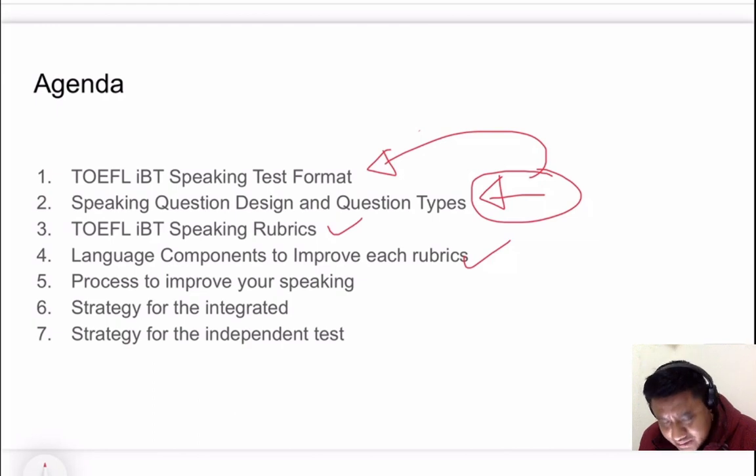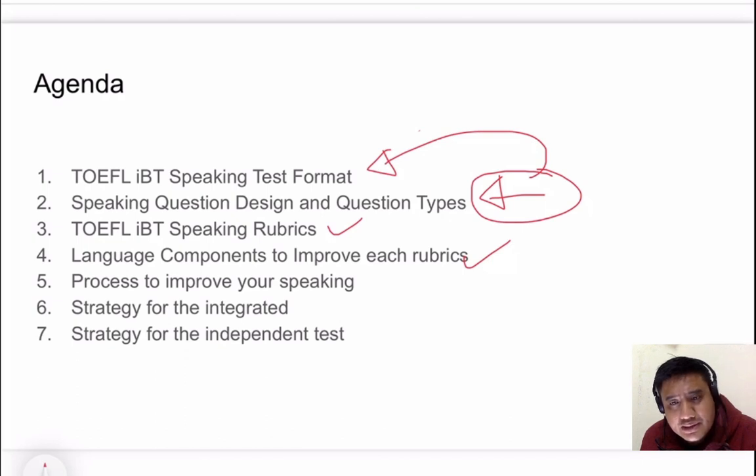Once we understand the rubrics, we'll look at the English language components we can focus on to improve those individual rubrics, so that you increase the score for each rubric and thereby improve your TOEFL iBT speaking score, right? After that, I'll be covering a process to improve your speaking also.